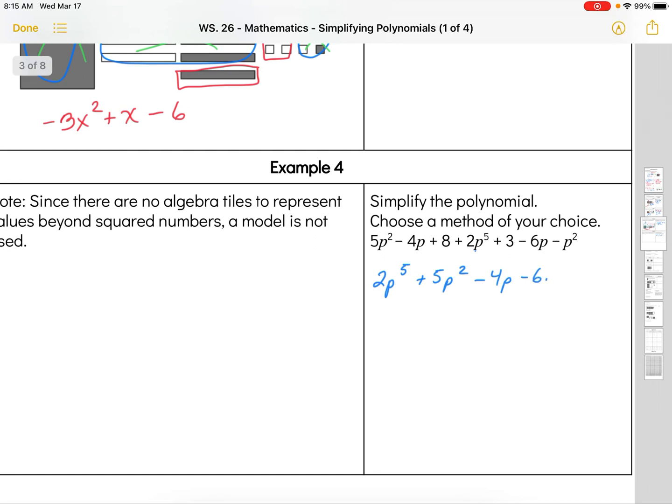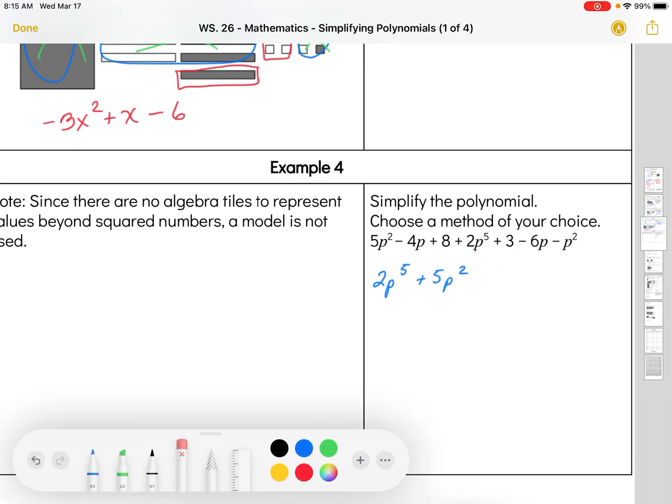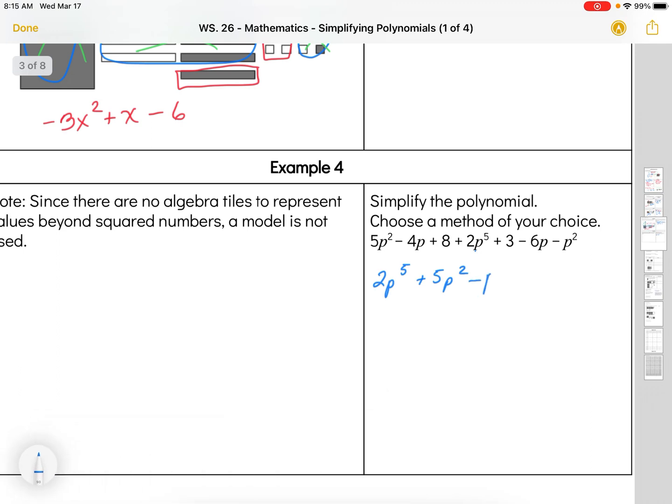Oops, I missed one. See, sometimes that happens. So let me just delete this. I forgot this p squared there. Minus p squared, then minus 4p, minus 6p, plus 8, plus 3. I think I got everything. Hopefully I did.